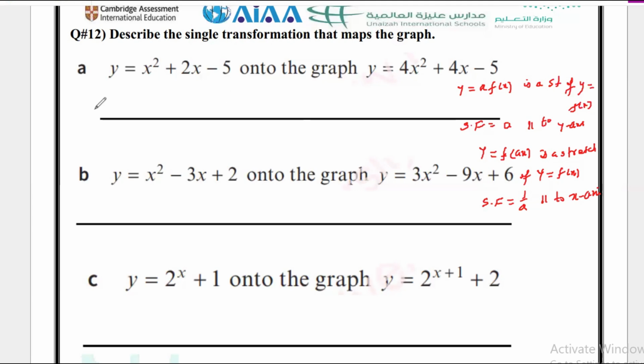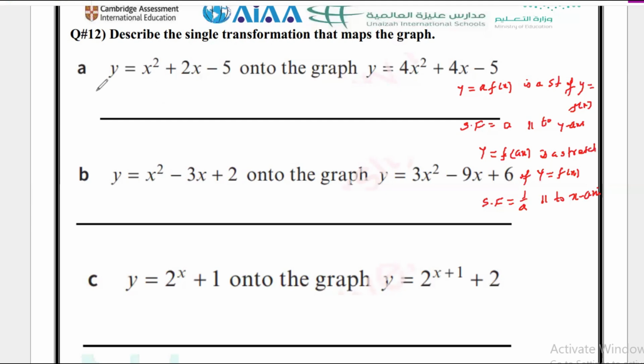So here the first case y is equal to x squared plus 2x minus 5. If you check the answer given, which is 4x squared, they are trying to substitute in x. So that is surely along x-axis.